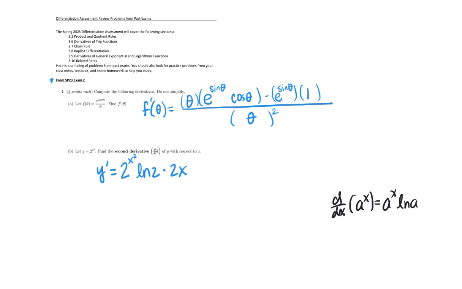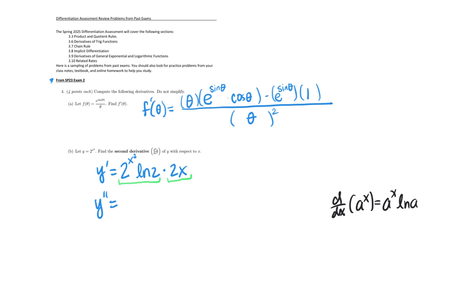For the second derivative, I'm going to take the derivative again, and you'll notice that I have to use product rule now, because I have a product of two things. I have this part and this part. You could break it up slightly differently, but I'm choosing to break it up that way.